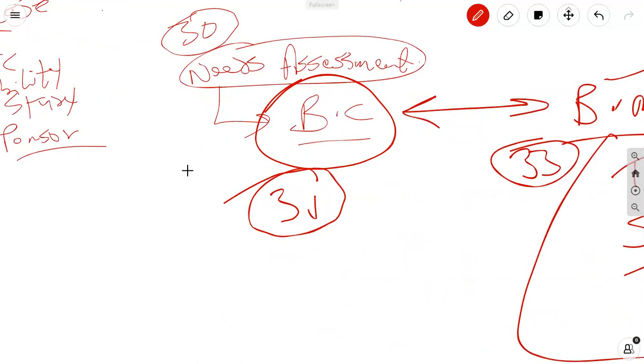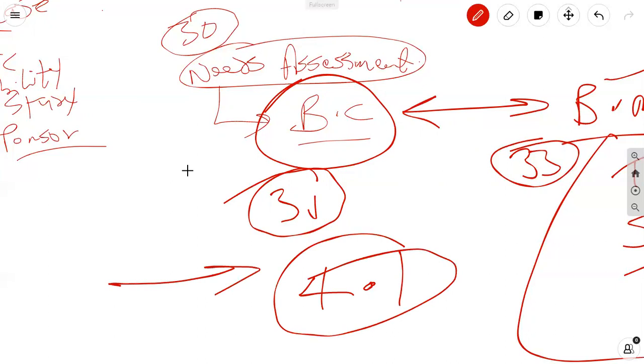Page 32 continues the dialogue, and boom, you hit page 33, where you talk about the benefits management plan. All of this stuff precedes 4.1. So if you're coming into 4.1 blind without knowing this stuff, you are going to be at a disadvantage compared to those who have read this in detail. And when they see business documents as an input to 4.1, develop project charter, they are not lost.